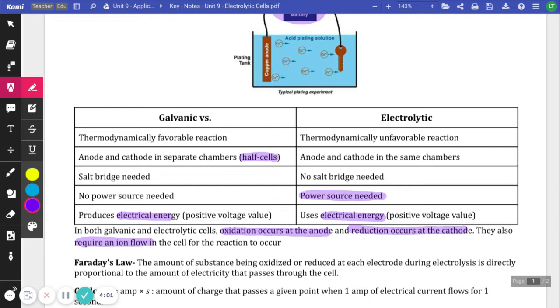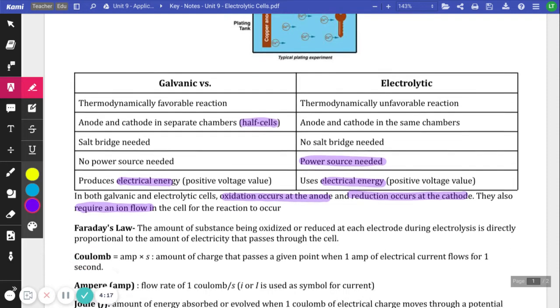Okay, so now what we're really going to focus on for the rest of this video is Faraday's law. Electrolytic can also be called electrolysis, but really more than that, this is the stoichiometry of this unit.